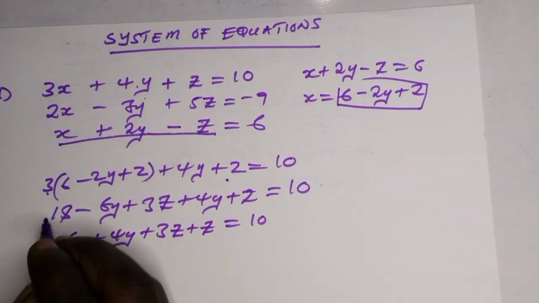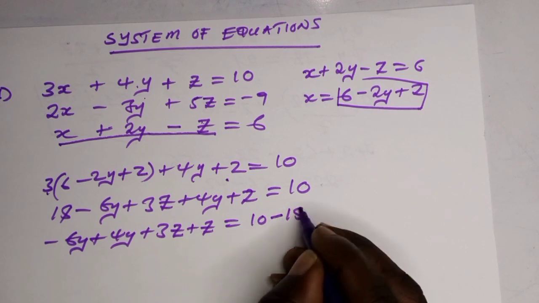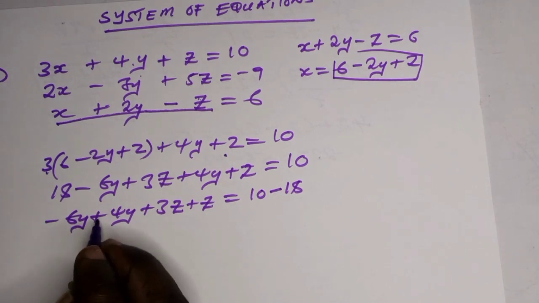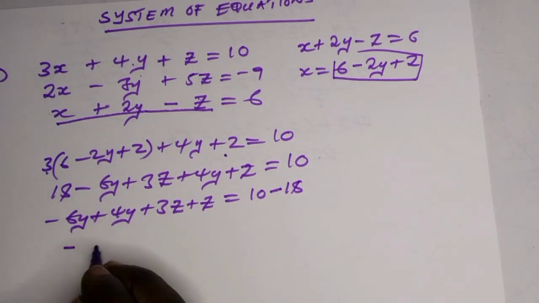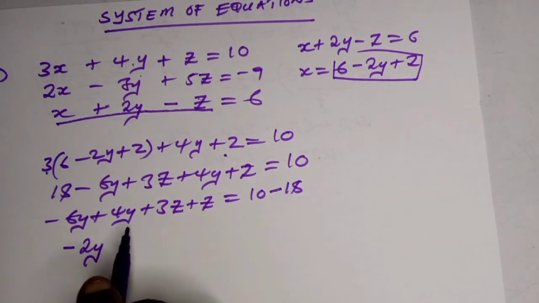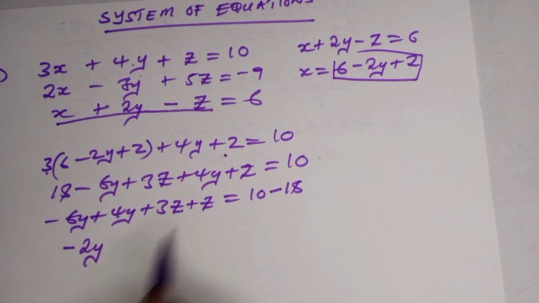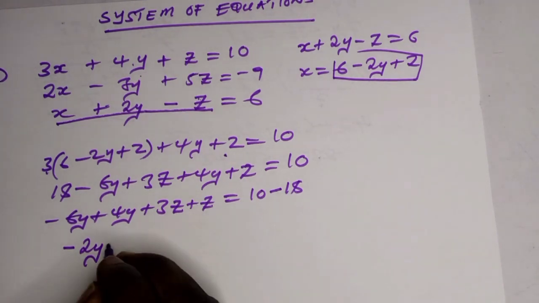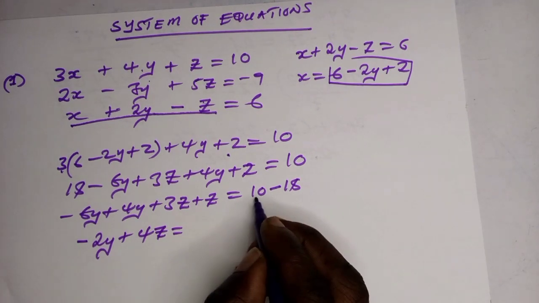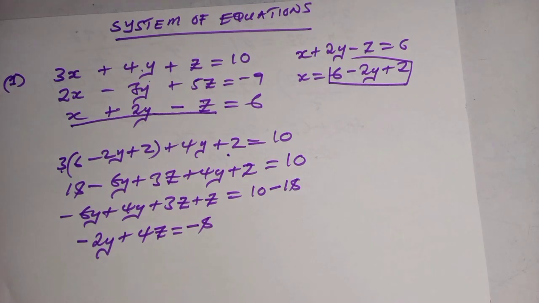When positive 18 crosses the equal sign, it will be minus 18. Negative 6y plus 4y is minus 2y, and 3z plus z is plus 4z, which equals 10 minus 18, which is minus 8.